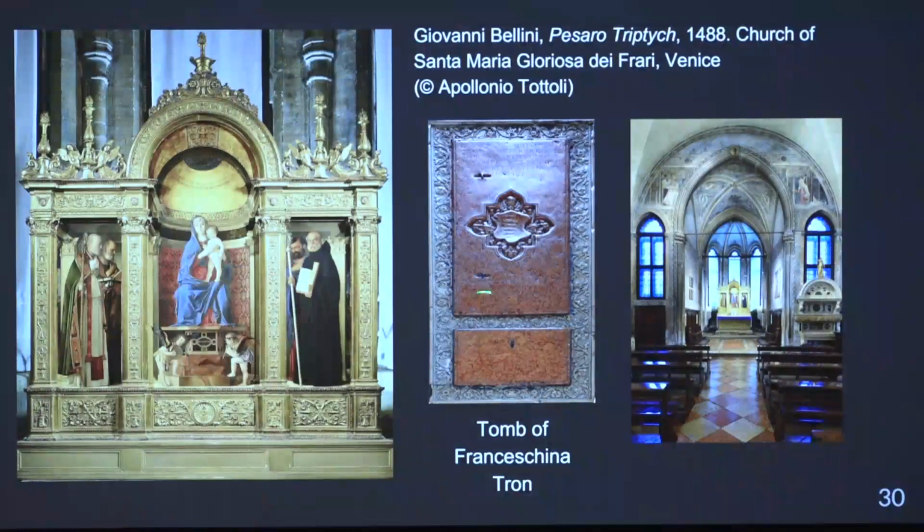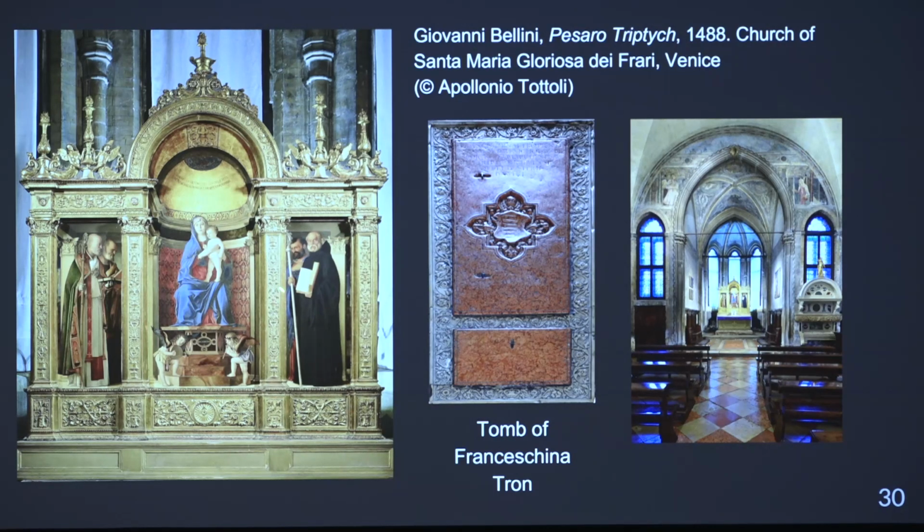And the reason for that is because the saints represented in the two flanking panels are the father, the husband, and the three sons of Franceschina Tron. The father here is Pietro, Peter. Then you've got Nicholas, Mark, and Benedict. You probably remember that we already met Benedict.